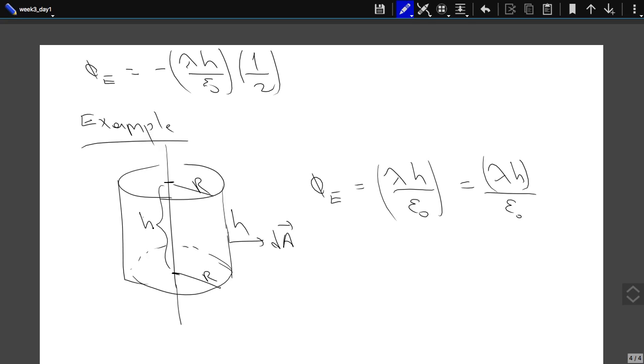If the length is h, the total charge of this segment is lambda h. So E dot dA is equal to the charge inside divided by epsilon 0. I didn't forget the circle on the integral, because the surface I consider here is not a closed surface. So that's why I don't put that circle sign.